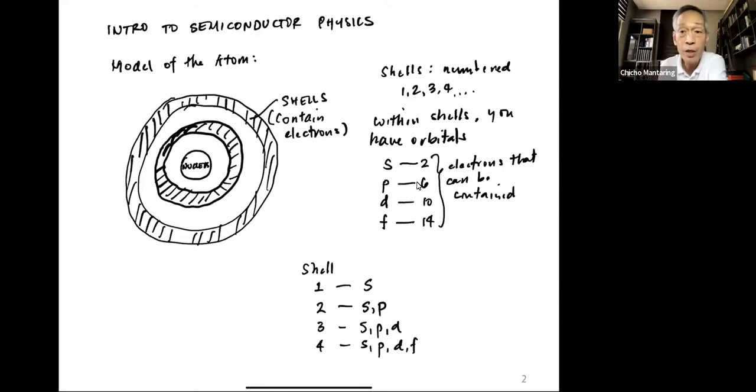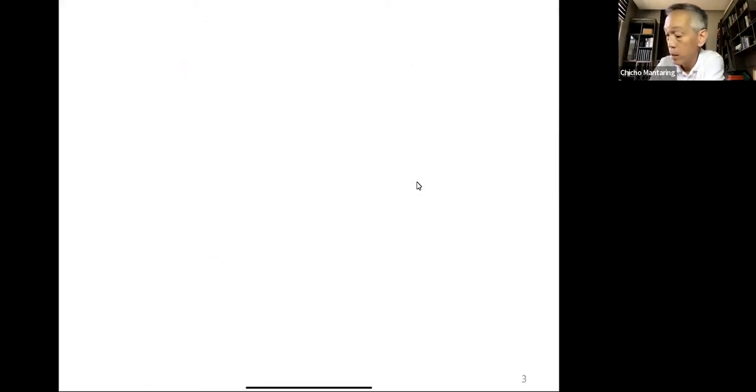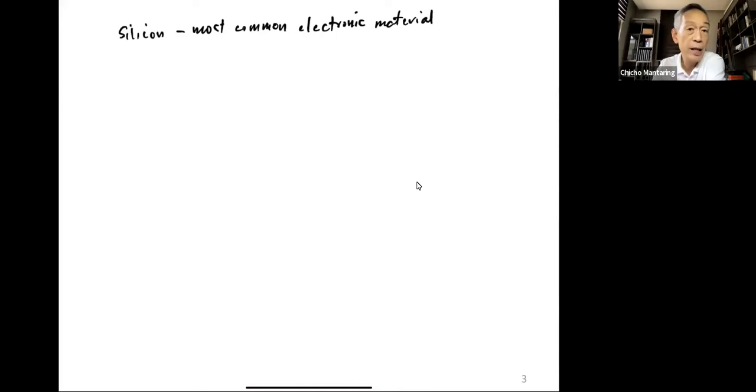The most common electronic material is silicon. Silicon has 14 electrons.